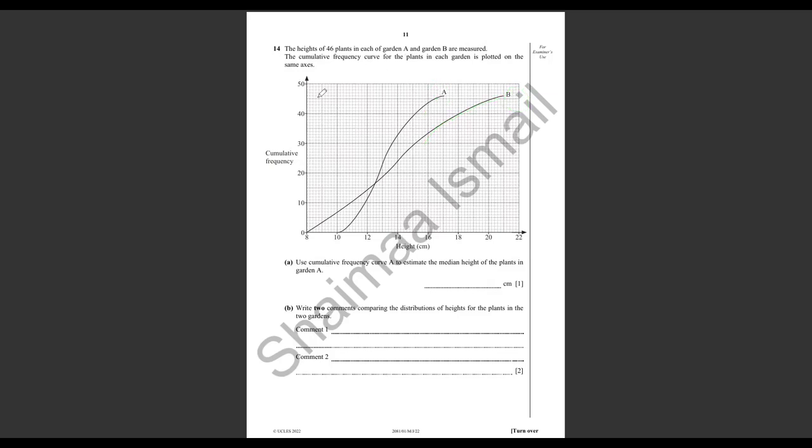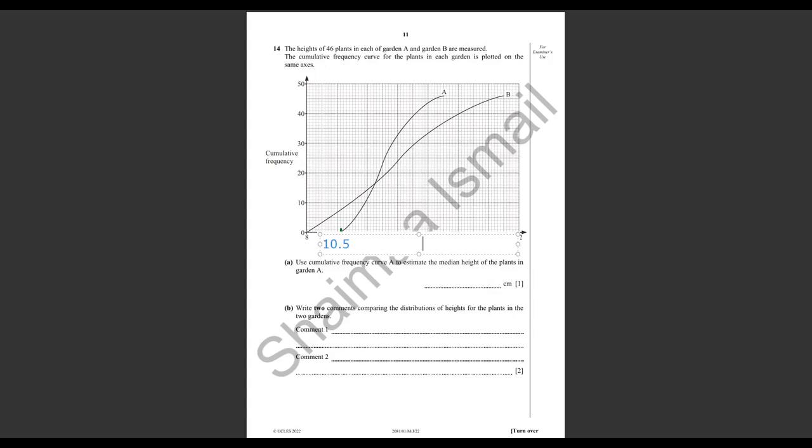The cumulative frequency for the plants in each garden is plotted on the same axis. Use cumulative frequency curve A to find the median. Let's measure the median of A. It starts from 10.5, because this is 11.